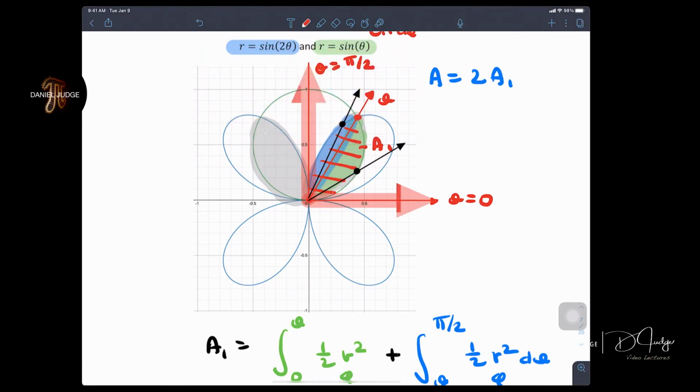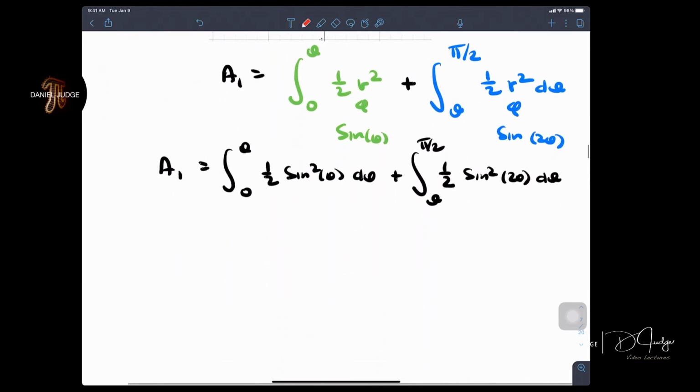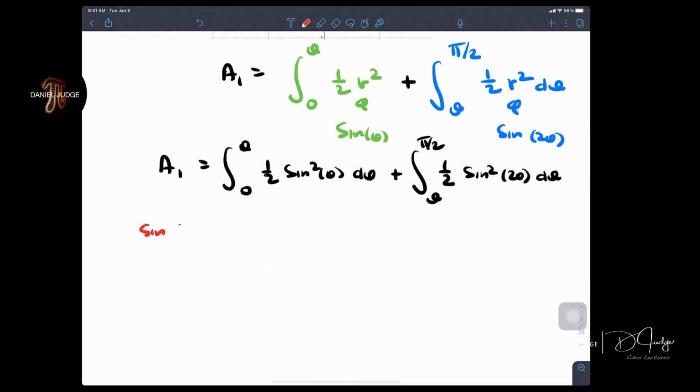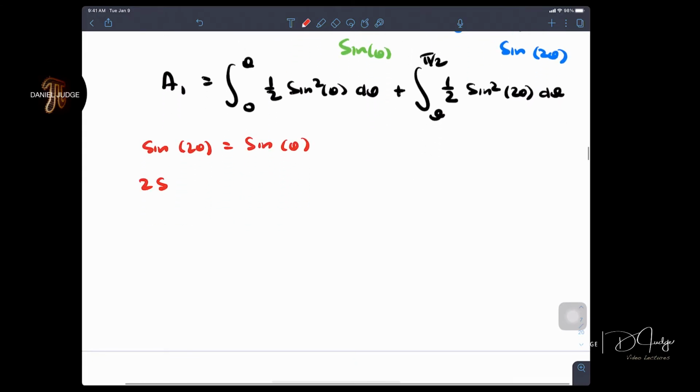Now, in order to get theta, we have to set the curves equal to each other. So that means r equals r to get that theta, or we get sine 2 theta equals sine theta. We're going to use an identity for sine 2 theta: 2 sine theta cosine theta.